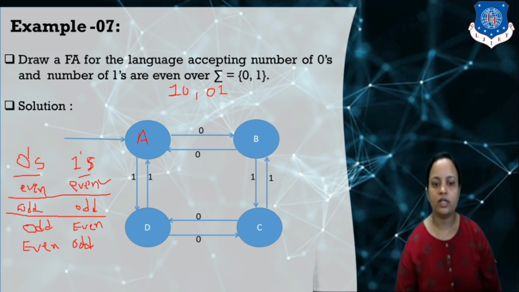Suppose I want to accept this. Always remember, when tracing a string, if it is a valid string, at the end of the string we have to reach the final state. Suppose we have considered this 1 0.